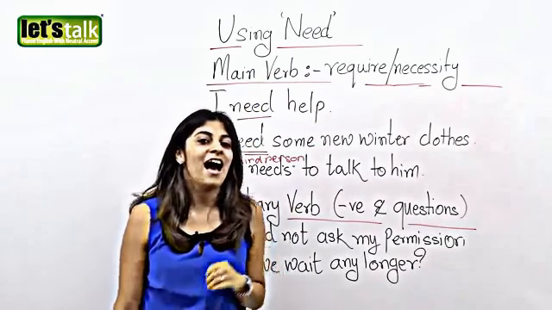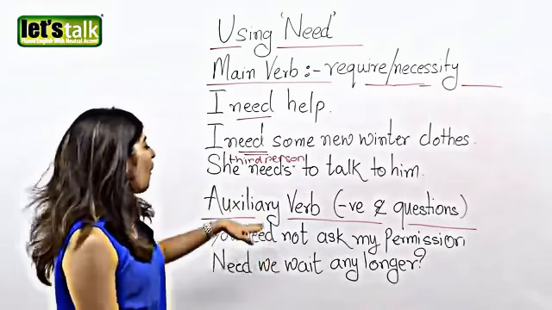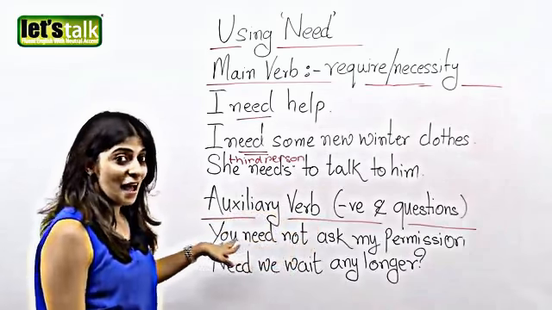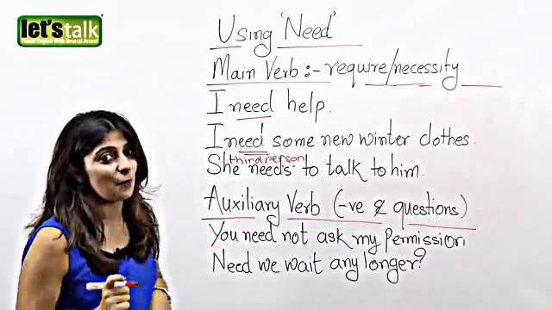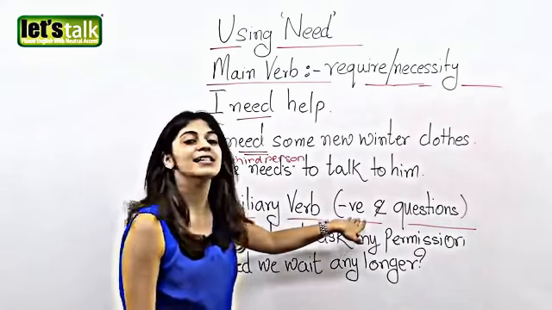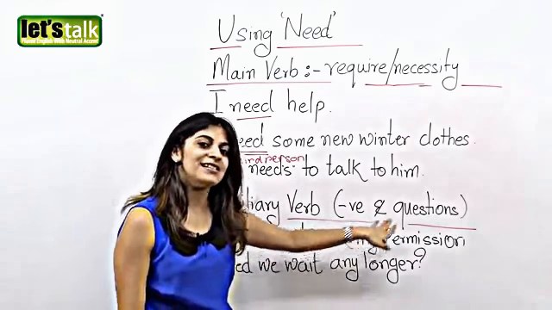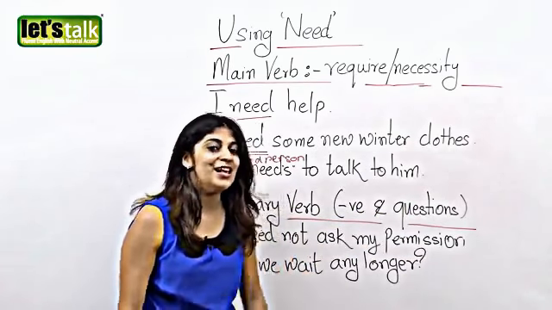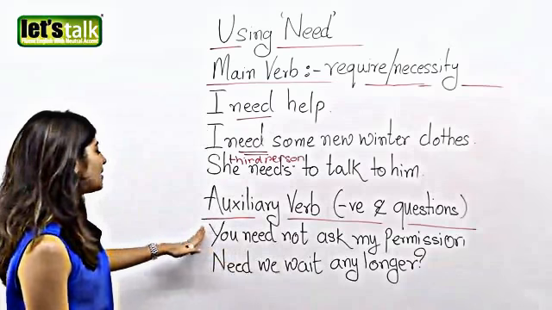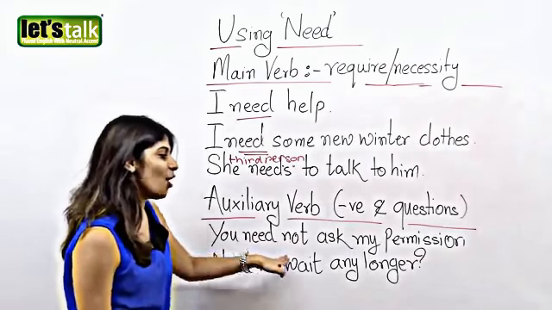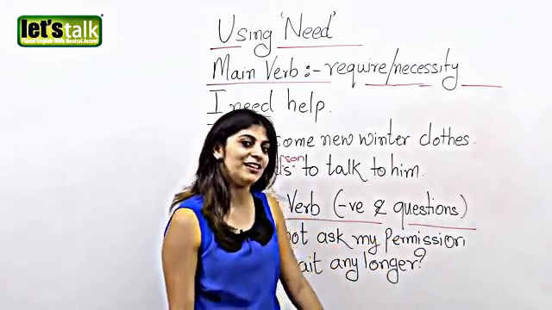Now let's see how need can be used as an auxiliary verb. Now, when need is used as an auxiliary verb, it is commonly used as in negative sentences and also in questions. To explain this to you, we have a sentence here, you need not ask my permission.